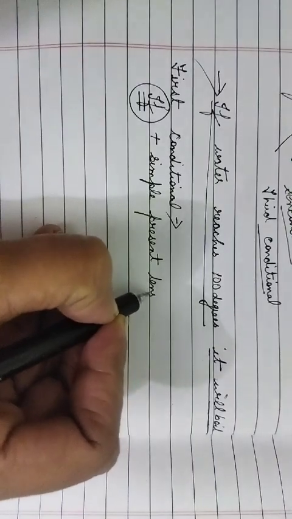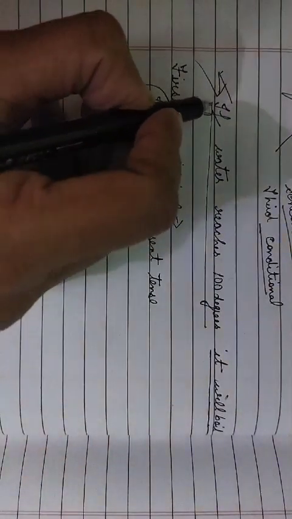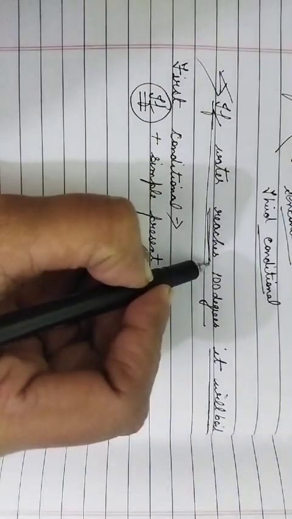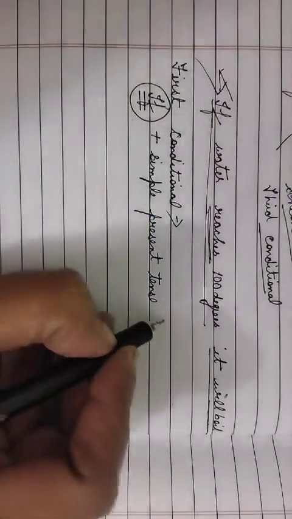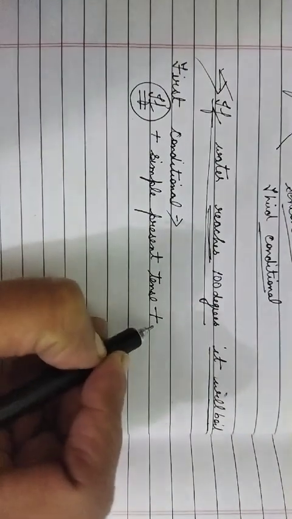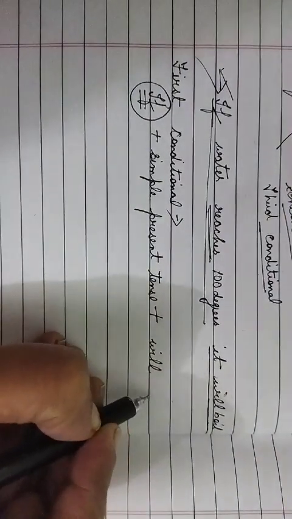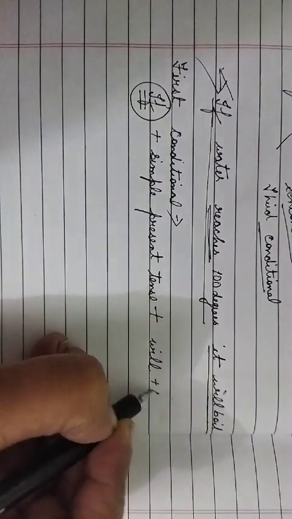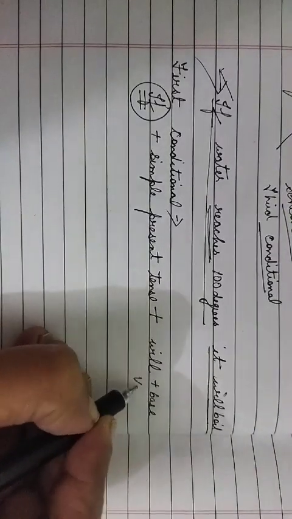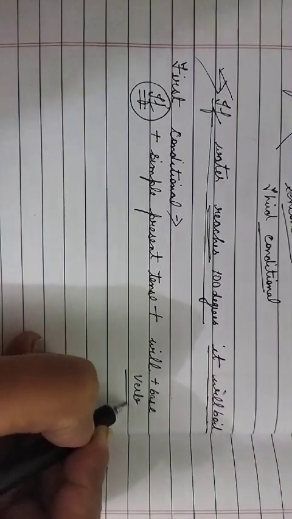You can check the example that I gave you. And the main clause will have will, which means the simple future tense. Will plus base verb, of course, is simple future tense.